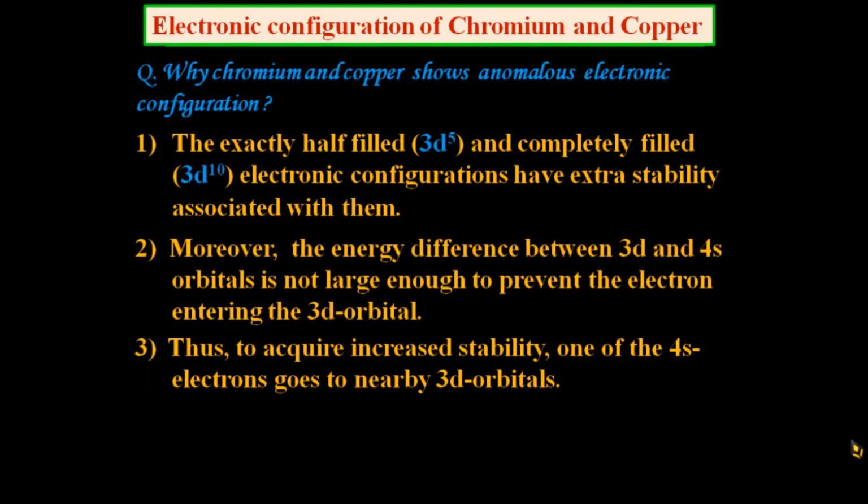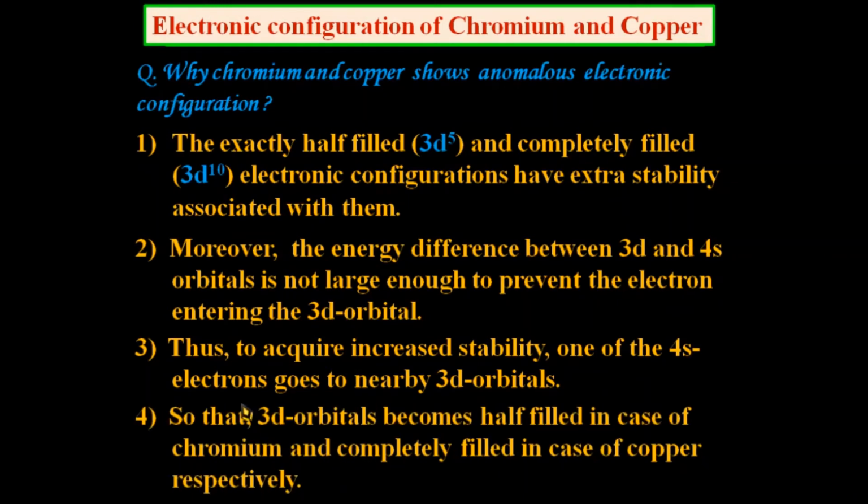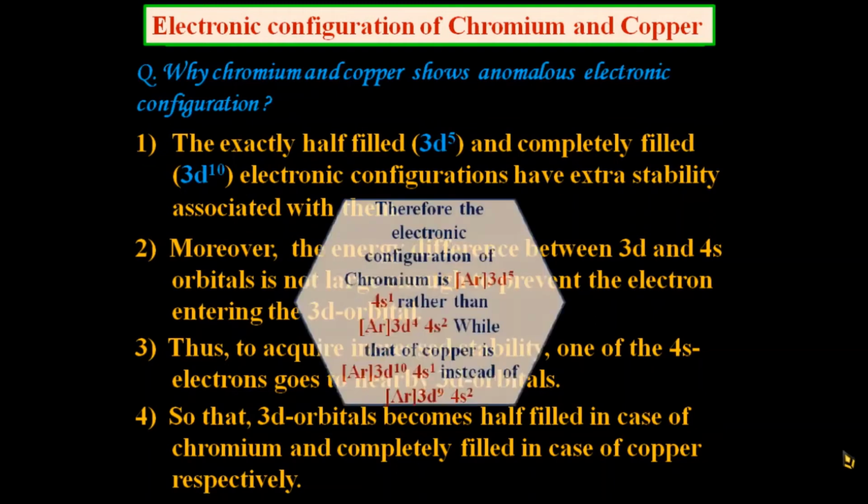That means in the 3d orbital, 5 electrons are present, which is exactly half filled. And in the case of copper, an electron is transferred from the 4s orbital to the 3d orbital. So in the 3d orbital, the number of electrons becomes 10. So the d orbital is completely filled and hence its electronic configuration is 3d10 4s1 for copper. So the 3d orbital becomes half filled in chromium and completely filled in copper respectively.